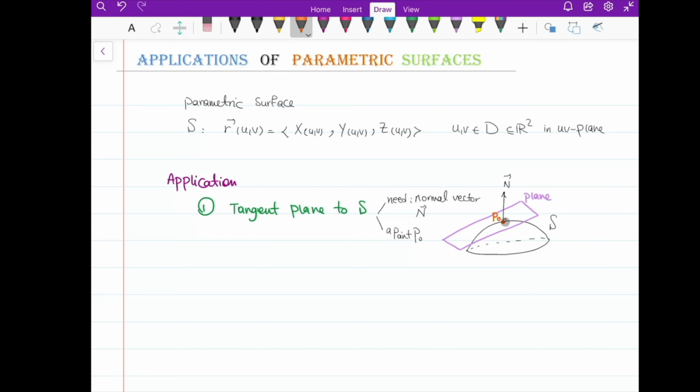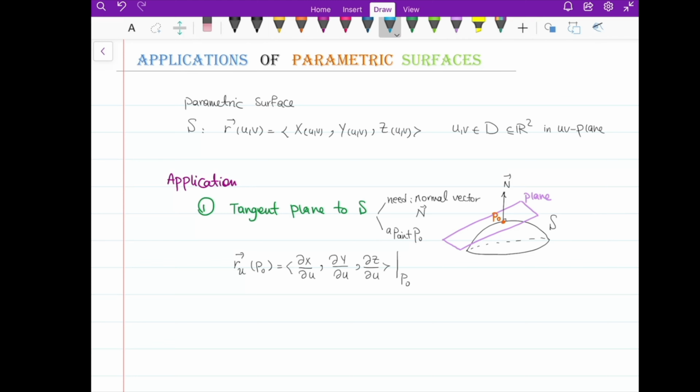Well, at the point P0, if I'm given the parametric equation of the surface S, I can find the partial derivative of r with respect to u at the point P0, which is the partial derivative of the first coordinate with respect to u, partial derivative of the second coordinate with respect to u, and partial derivative of the third coordinate with respect to u, and compute this at the point P0.